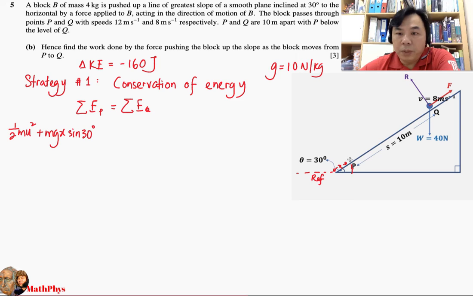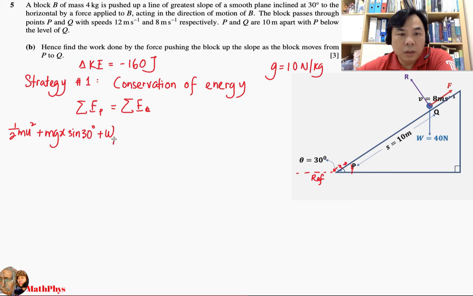At position P, other than kinetic energy and gravitational potential energy, there is also work done performed on the block B so that it will have sufficient energy to move to Q. So I need to include this work done. Sorry.